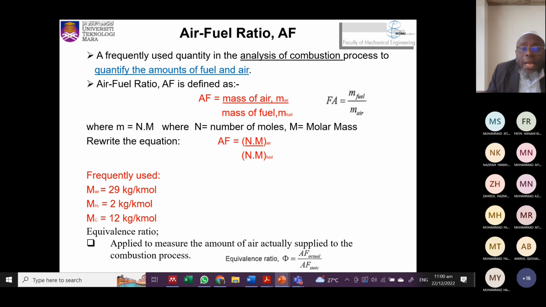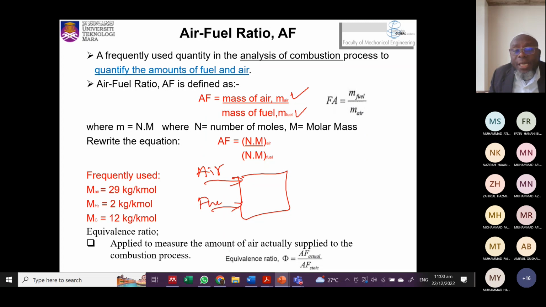We have air-fuel ratio. Air-fuel ratio is the ratio of the mass of air divided by mass of fuel. So if you have a combustion chamber, air is coming in, and fuel is also coming in.